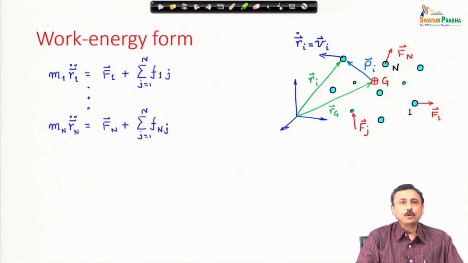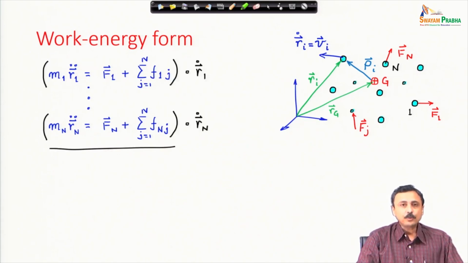Like this, I can write Newton's second law for all the n particles. Then I dot product the first equation of motion with r1 dot, the second equation of motion with r2 dot, and the equation of motion of the nth particle with the velocity of the nth particle, and then I sum over all the particles.